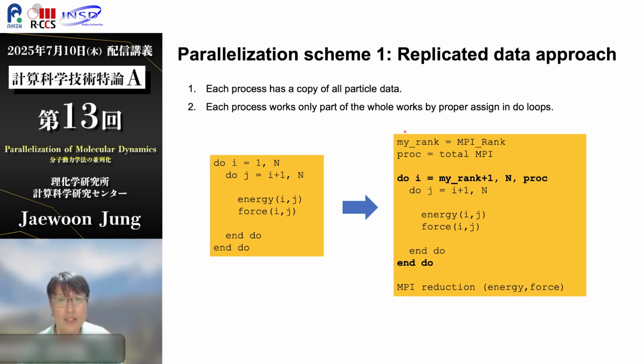Then how about myrank equals 1? They start from 2, and they calculate the i indices of 2, 18, 34, and so on. So in this sense, you can distribute all of the work just by changing this loop.